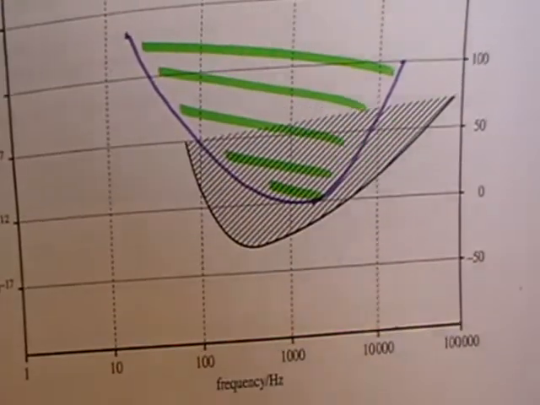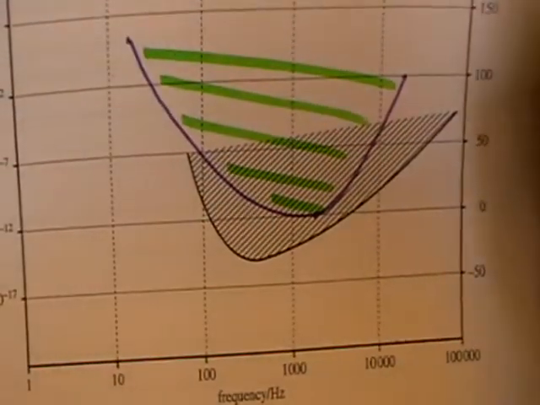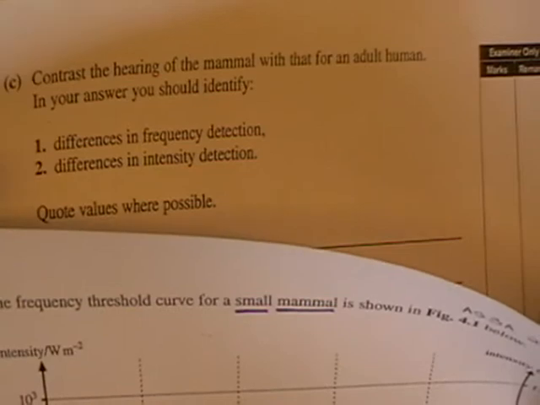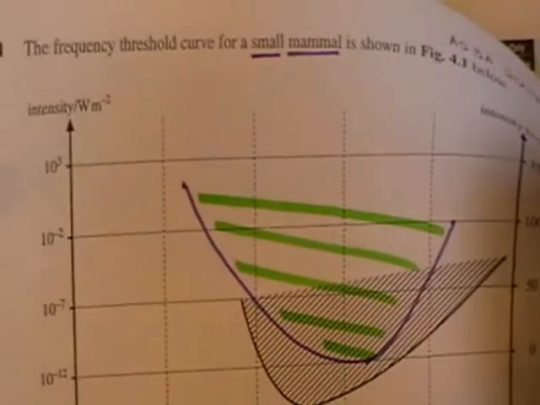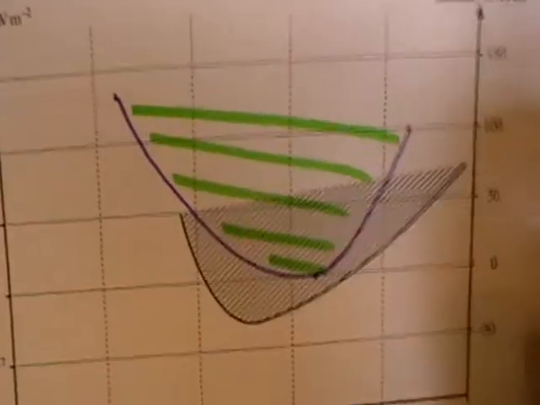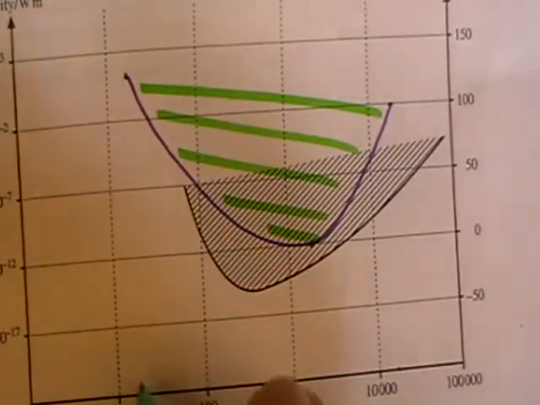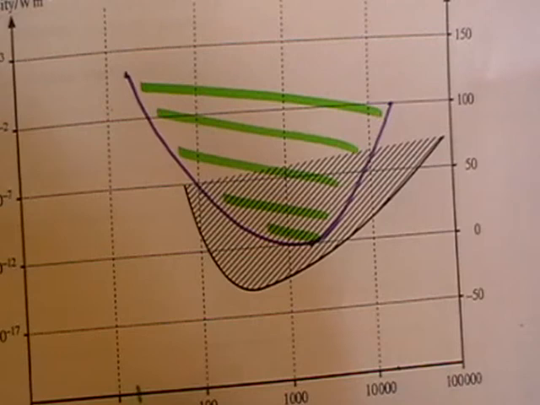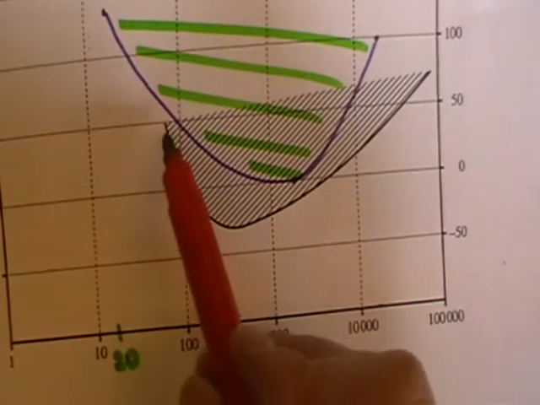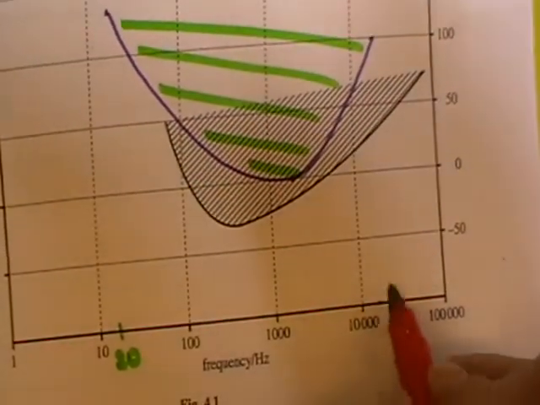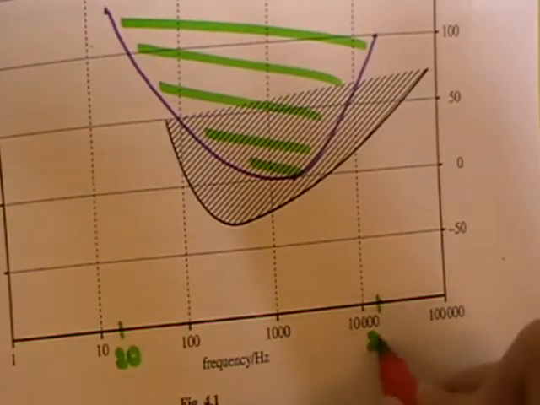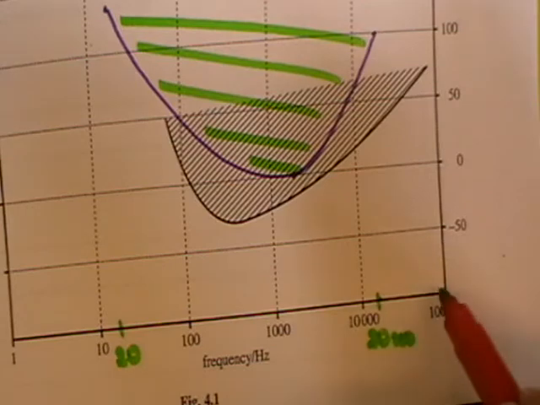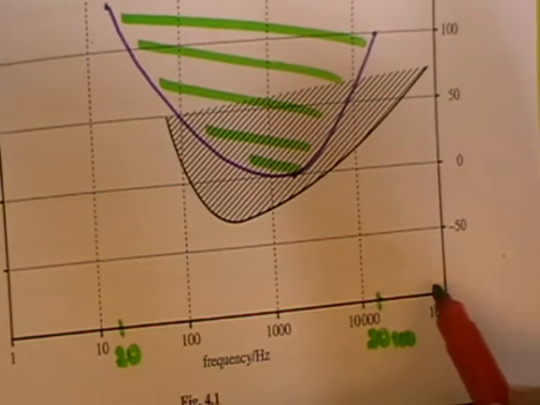Right, so it says comment then on differences in frequency detection and differences in intensity. We'll look at the frequency first, and you would be commenting that we can hear from 20 hertz, whereas the mammal can only hear from about 80, and then we can hear up to 20,000, whereas the mammal is hearing away up to maybe 80 or 90,000. So they can hear ultrasound.